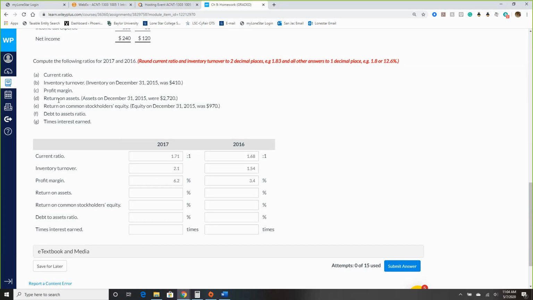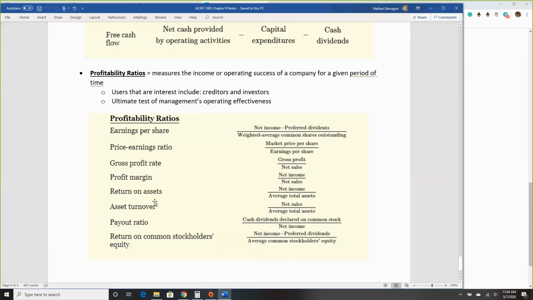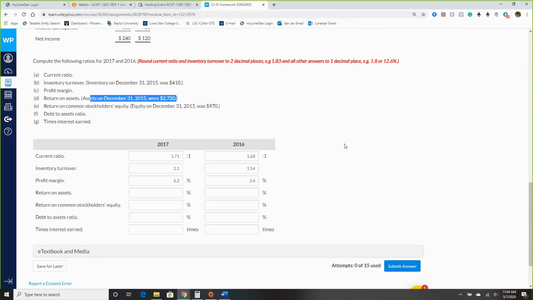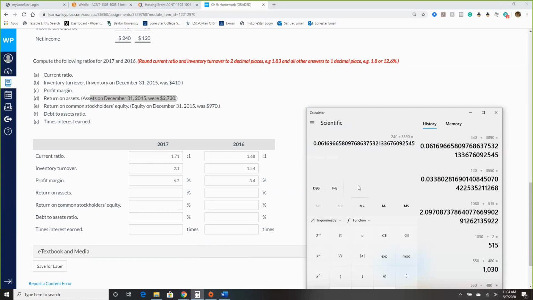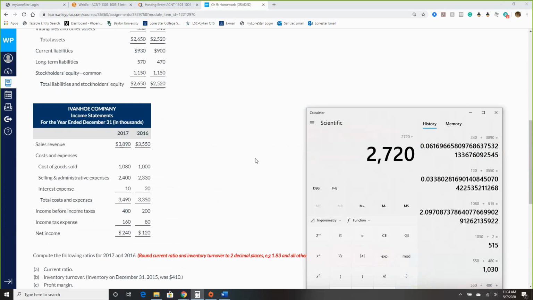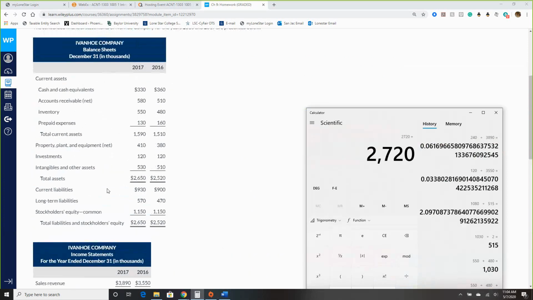Return on assets. Again, this helps us with our average. So return on assets is net income divided by average total assets. So we gotta find the average total assets first. So for 16, gives us the 15 total assets.